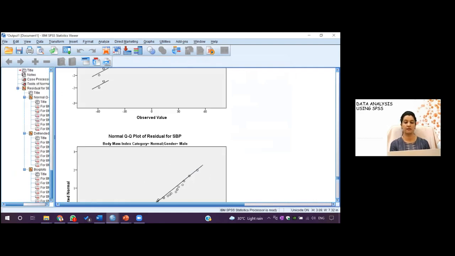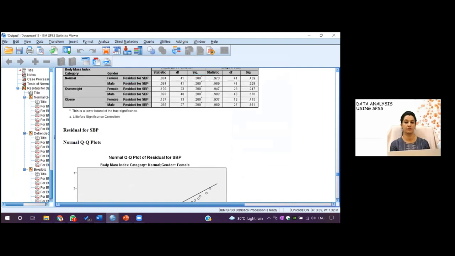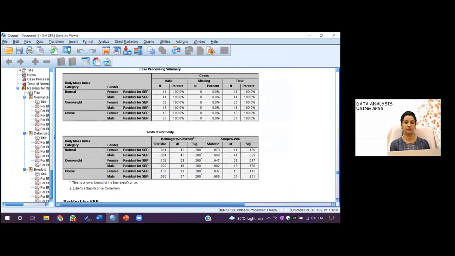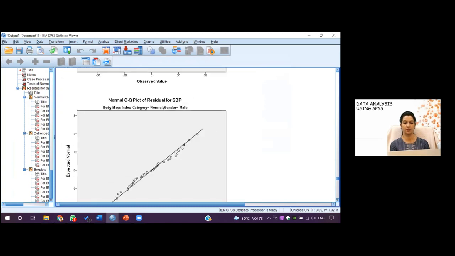We have done this so many times. Here you can see the Shapiro-Wilk value. We don't use this, you see the QQ plot.